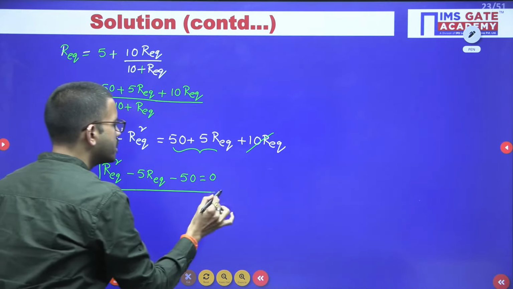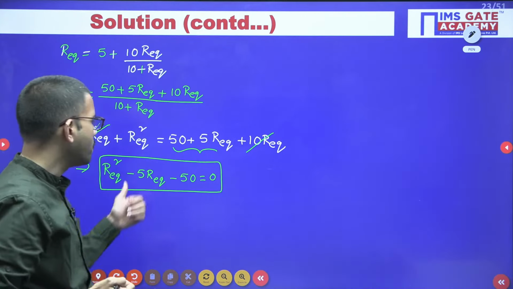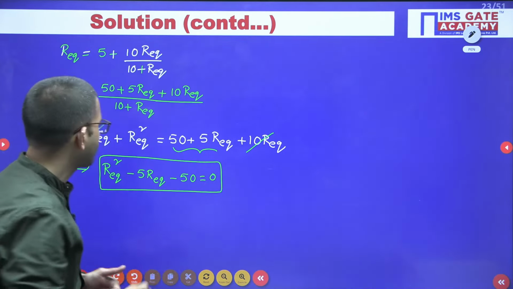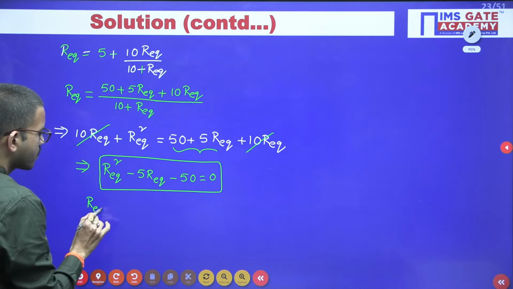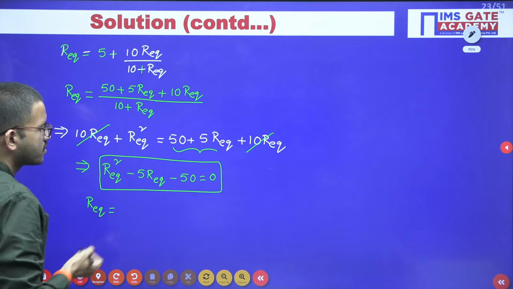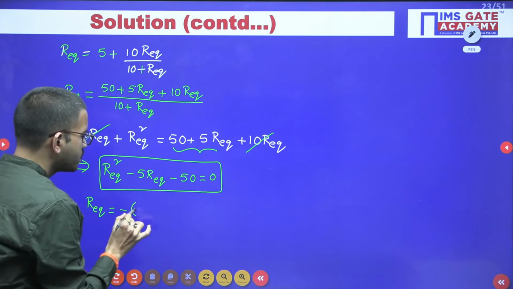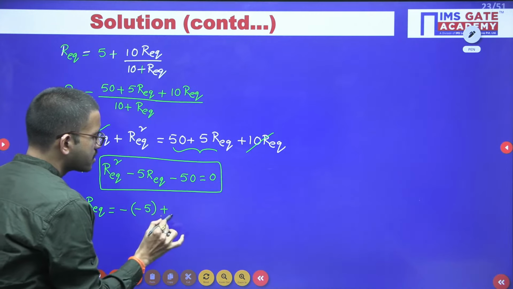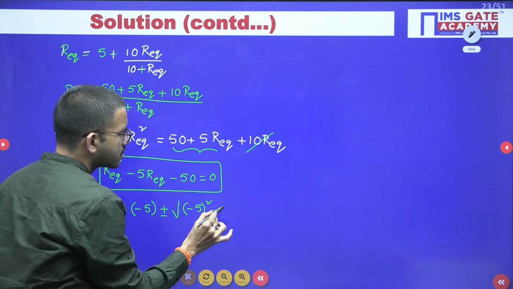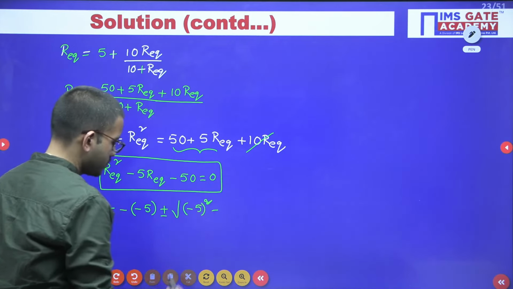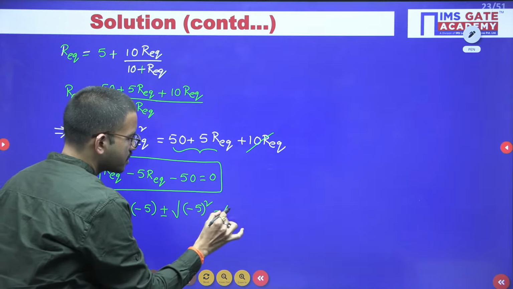Whenever you are having quadratic equation, I hope all of you know how to find the roots. Ax square plus bx plus c equal to 0, right? So from there you can calculate the roots by using the standard formula, like minus b plus or minus square root of b square minus 4ac.